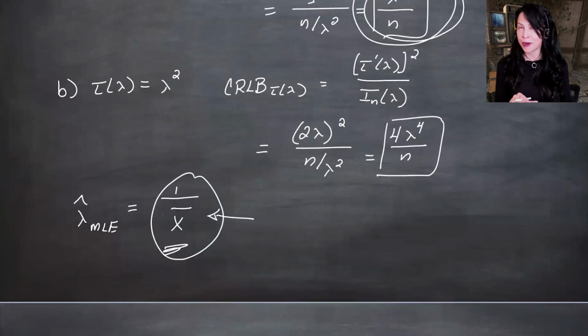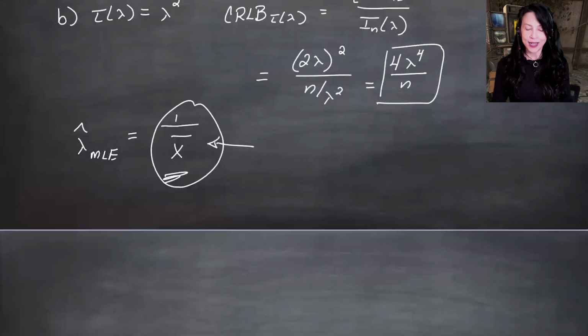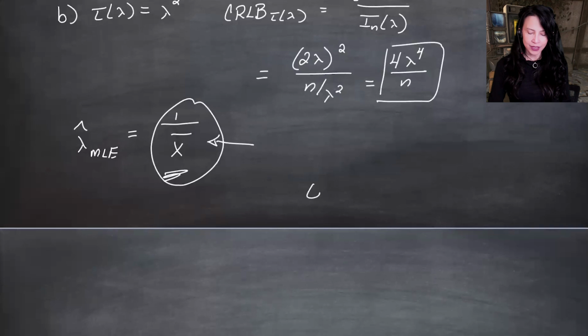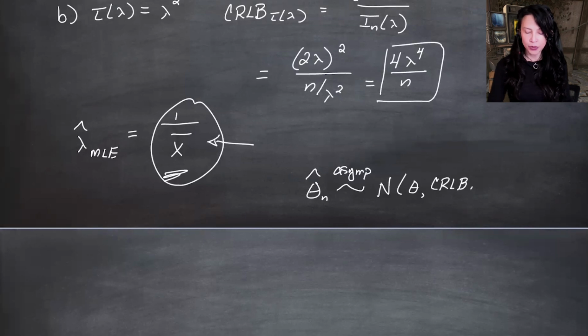So why are Cramér-Rao lower bounds so important for maximum likelihood estimation? I'm going to write it down eventually in a list. But if theta n hat is an MLE for theta, we're going to show that under certain regularity conditions, MLEs are asymptotically normal, with mean equal to the thing you're trying to estimate and variance equal to the Cramér-Rao lower bound for that thing.